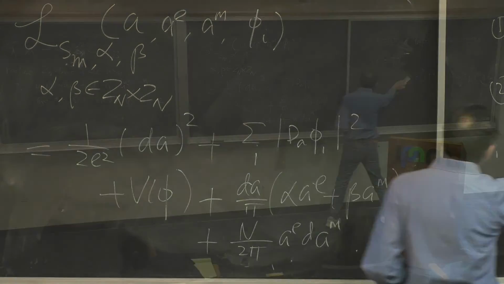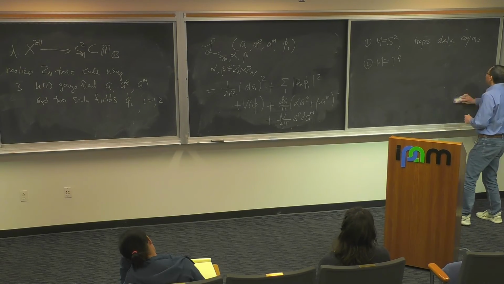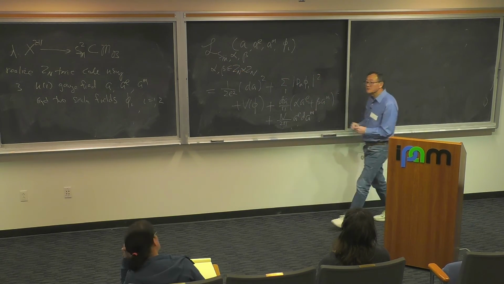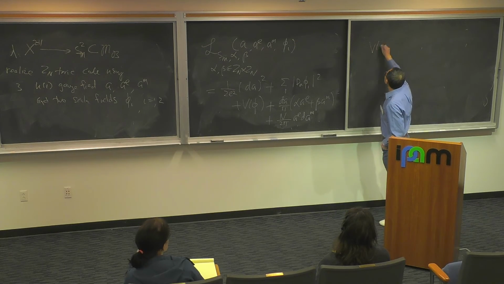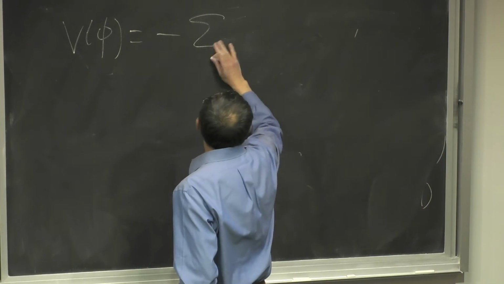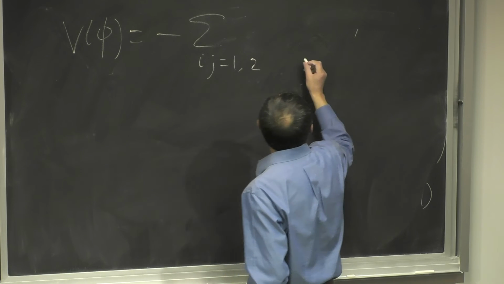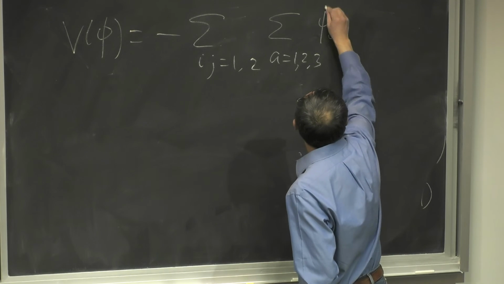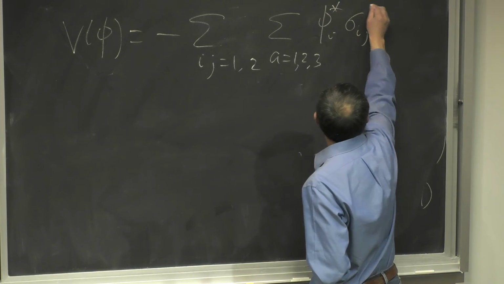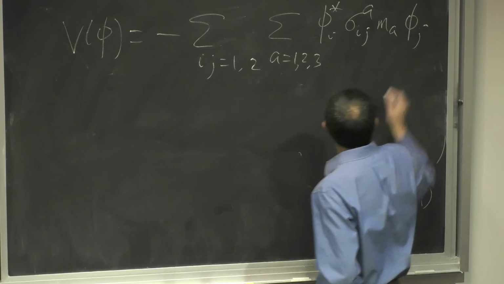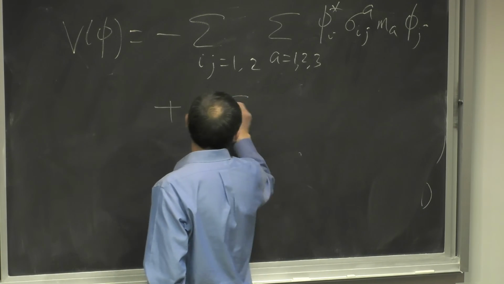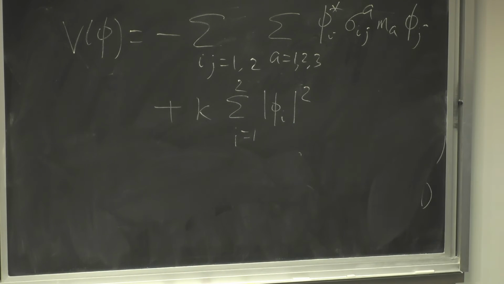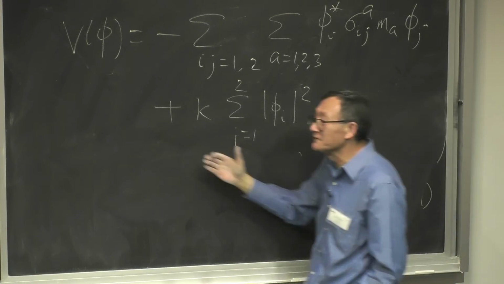So the last thing I want to write down is the potential. And you can tell at this point, now the two-spheres show up. So it has to be in the potential. And the potential is... so that's the potential for this field theory.